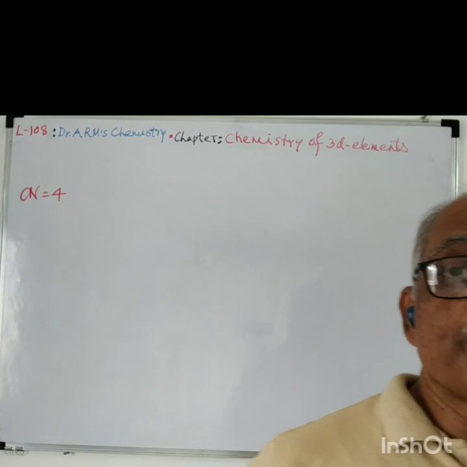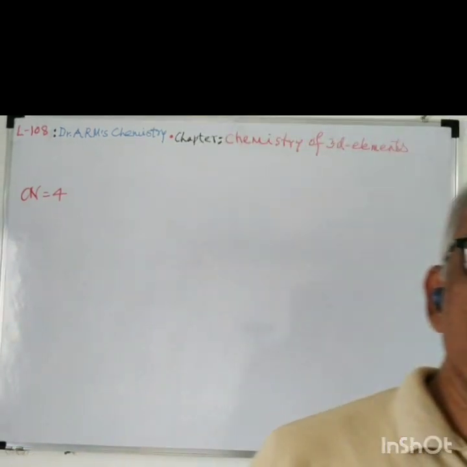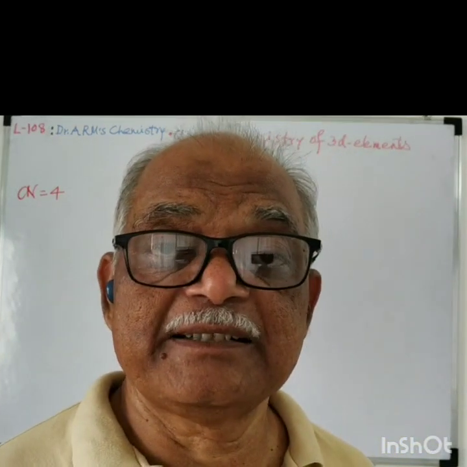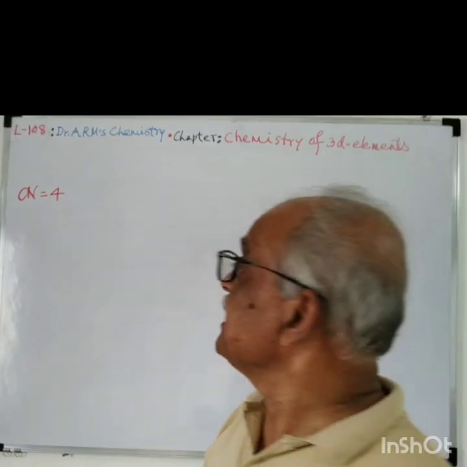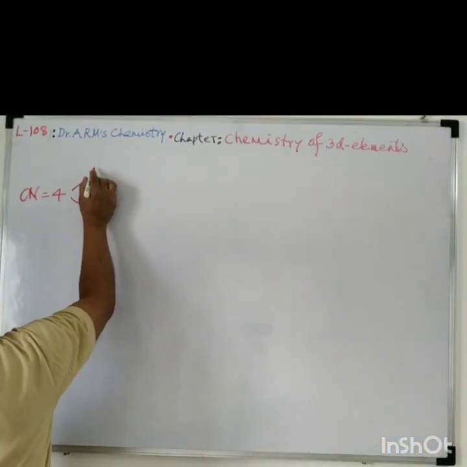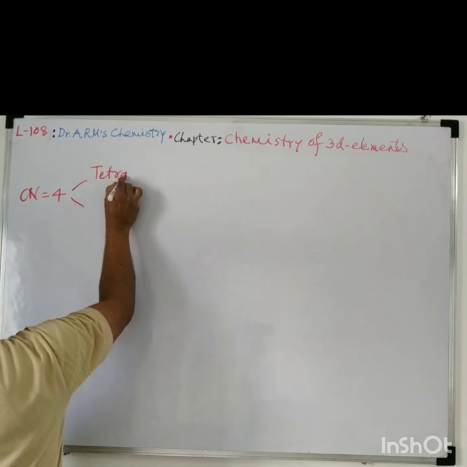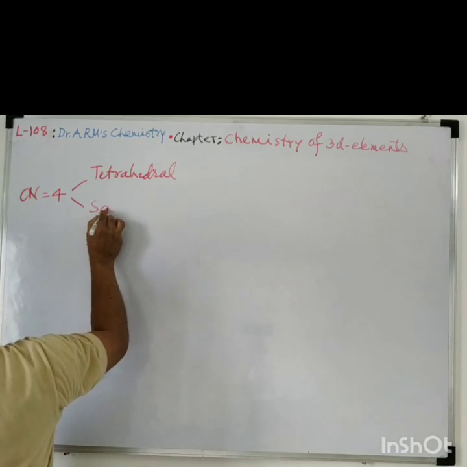These complexes are very common with the tetrahedral geometry. So we are expecting here two types of geometries: one is tetrahedral and another is square planar.